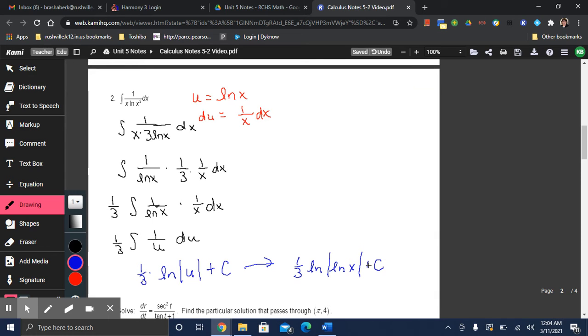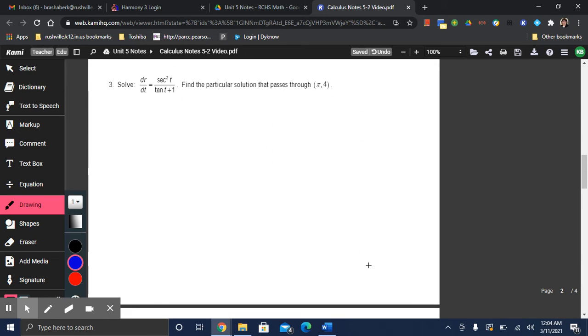So on the back of your notes, I have 3 more problems I'd like for us to do with integration, doing a few different types of things with the integration. For the first one, number 3, I would like to have us solve this differential equation.